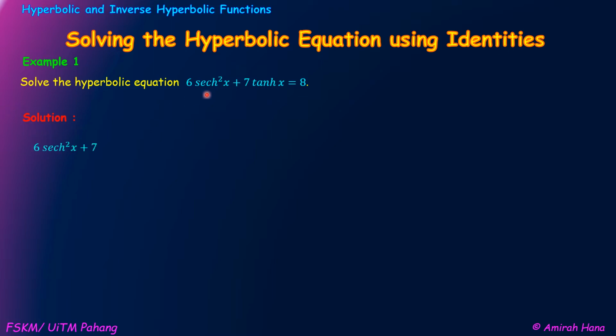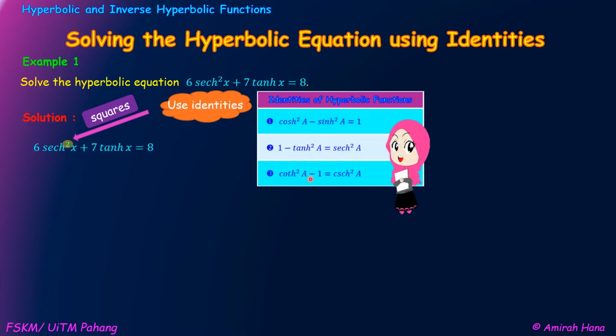From the given equation 6 sech squared x plus 7 tanh x equals 8, we have a squared term here. So when we have a hyperbolic equation with a squared term, we can use hyperbolic identities, using this formula.